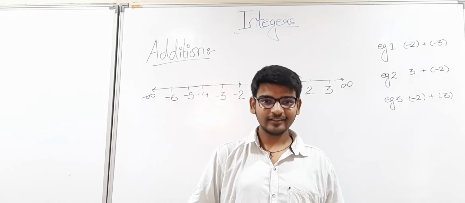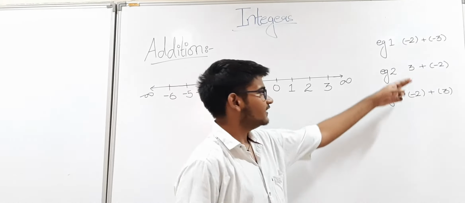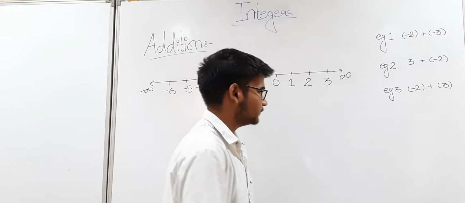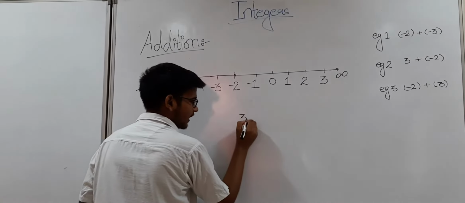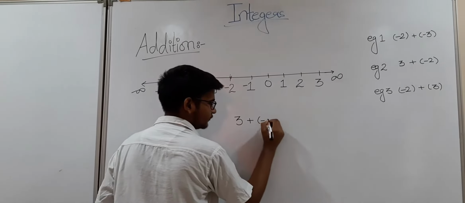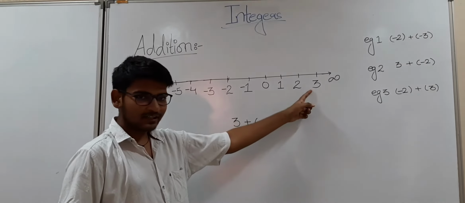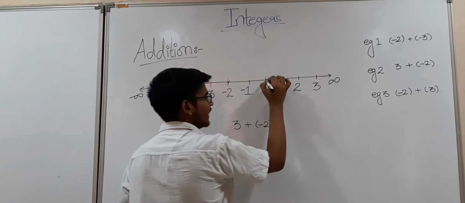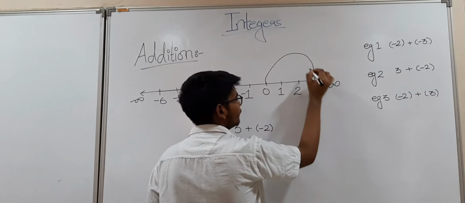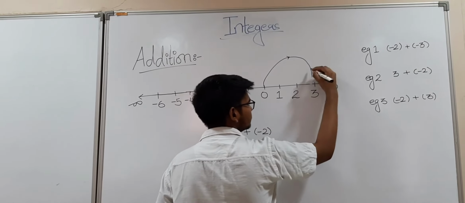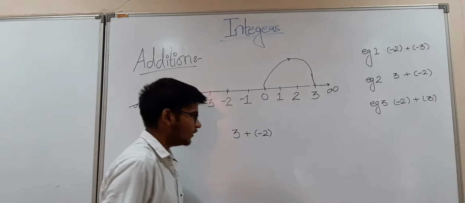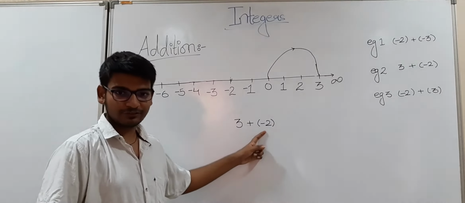So now let us take one more example, that is 3 plus minus 2. So first we will jump on 3 from 0. That will be a jump from 0 to 3. Now we have to add minus 2.